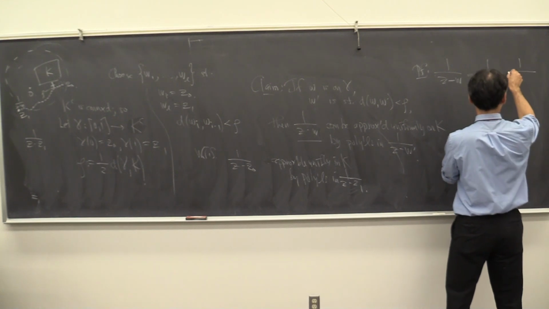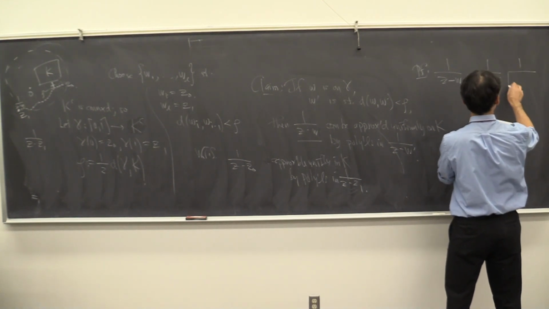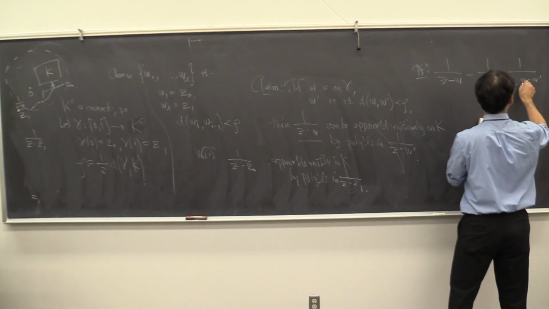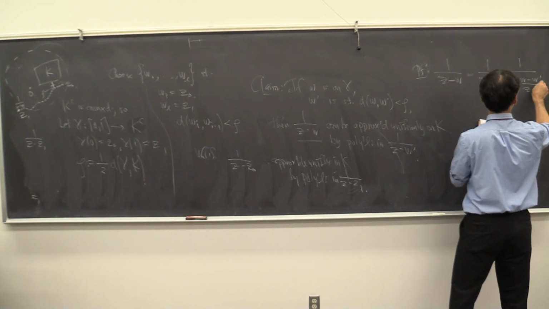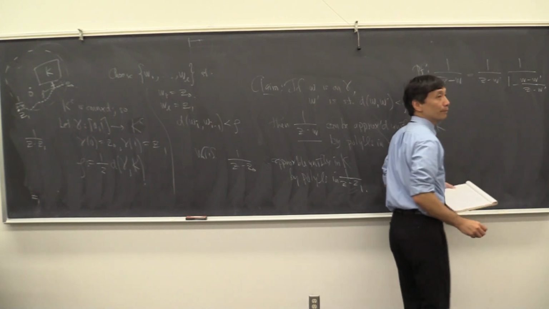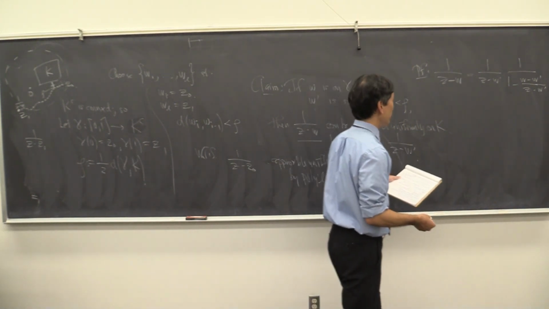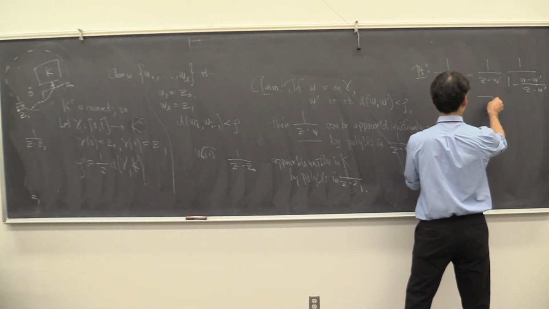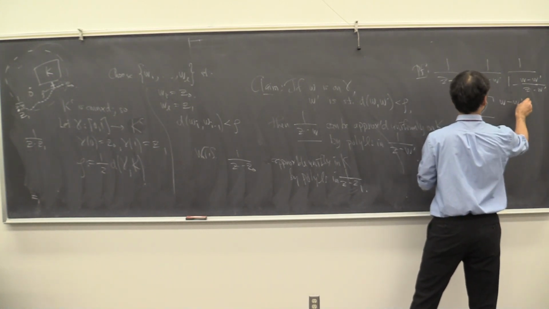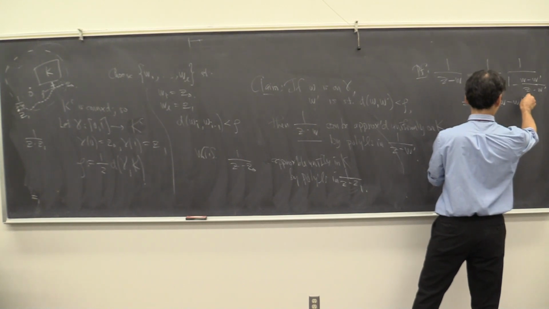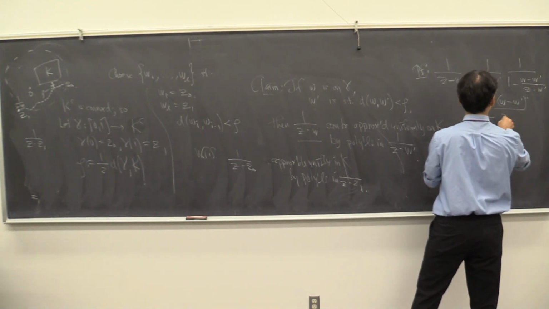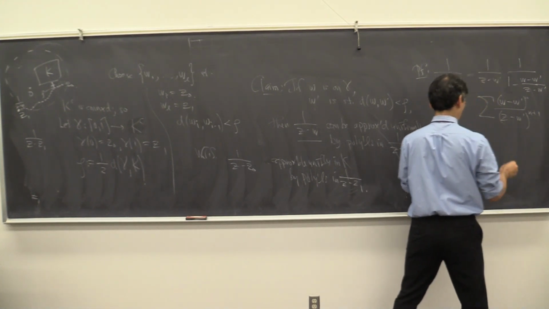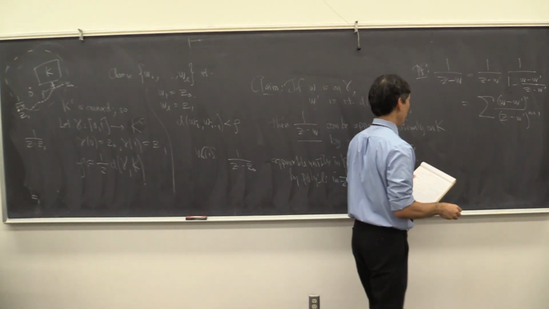So we have 1 over z minus w prime, times 1 over 1 minus (w minus w prime) over (z minus w prime). Then we play the same geometric series trick. We get the summation of (w minus w prime) to the n over (z minus w prime) to the n plus 1.